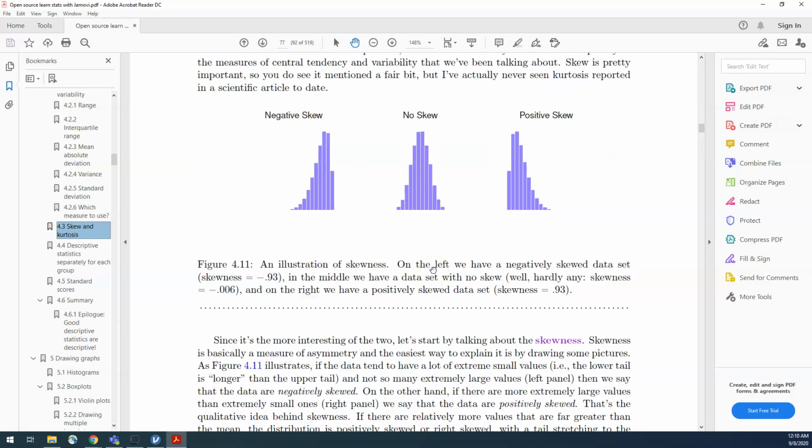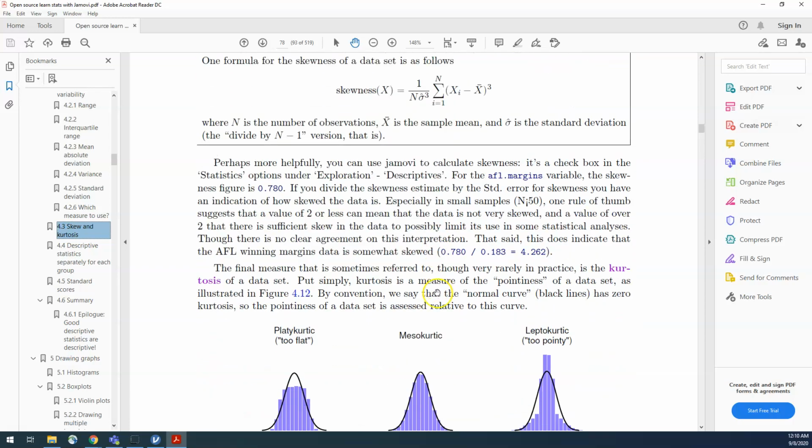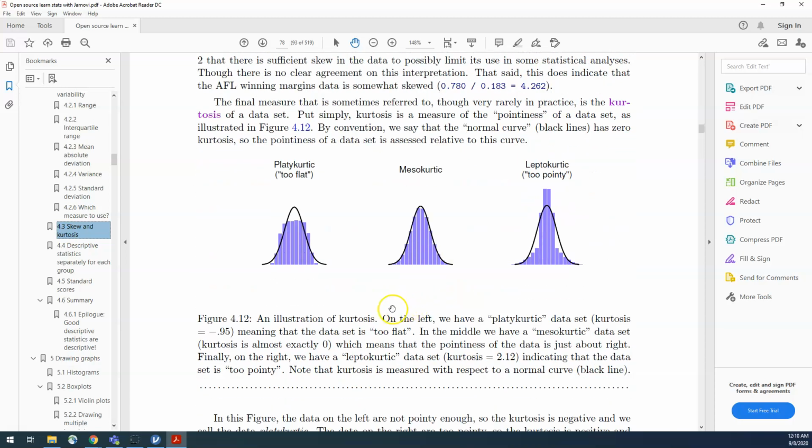Now the other principle here is the principle of kurtosis, which you learned as well, but probably didn't talk about very much in your introductory psychology class or your introductory statistics class. If you look at this overlaid normal curve, that normal curve represents what a normal distribution should look like, what the bars should look like if they were actually normally shaped.